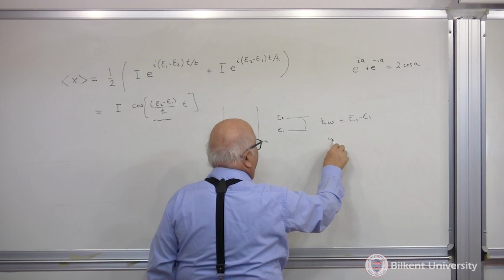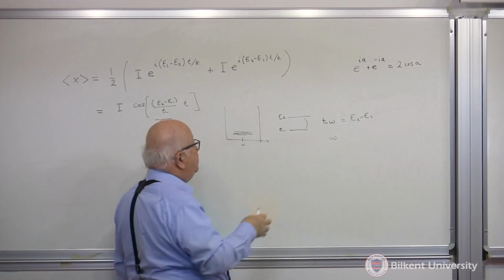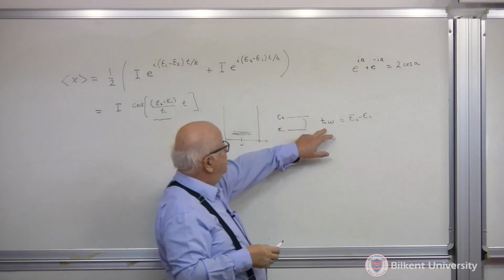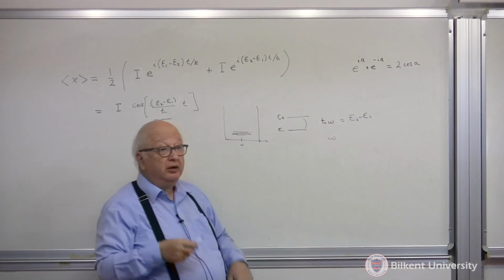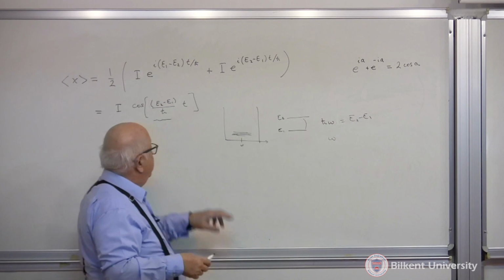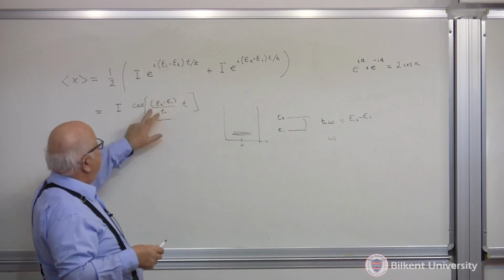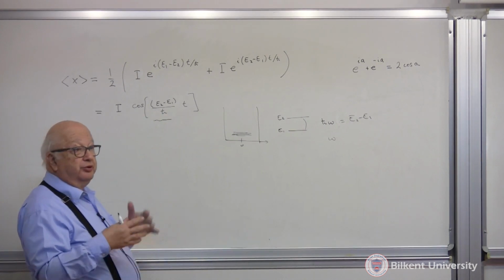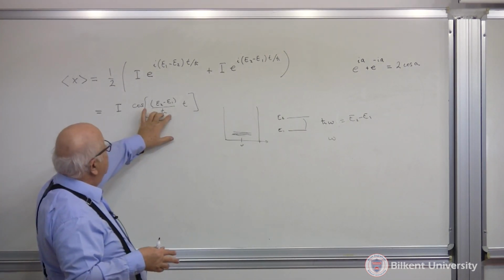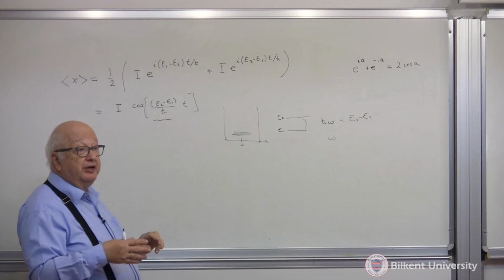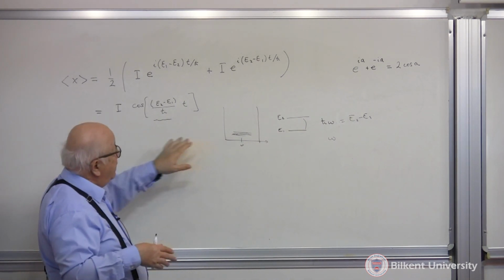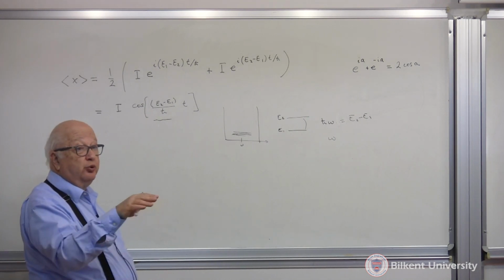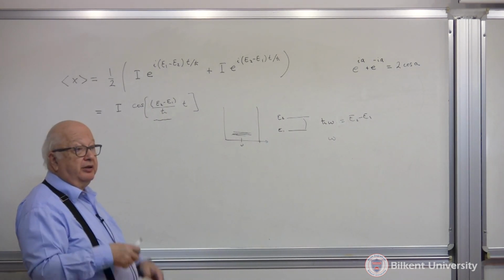So the oscillation frequency omega associated with the photon that's released is equal to the frequency that I obtain here. And when I go through this semi-classical argument, that there's this electromagnetic wave pushing and pulling the electron at exactly the frequency at which it wants to oscillate, that's a resonance.